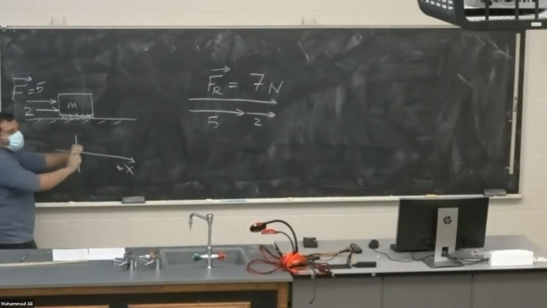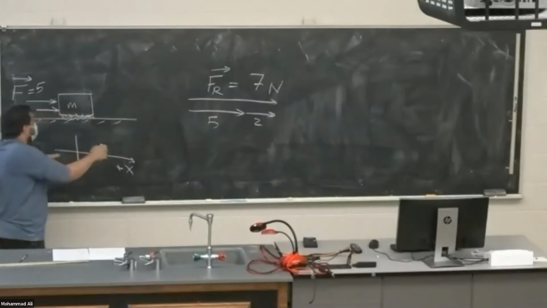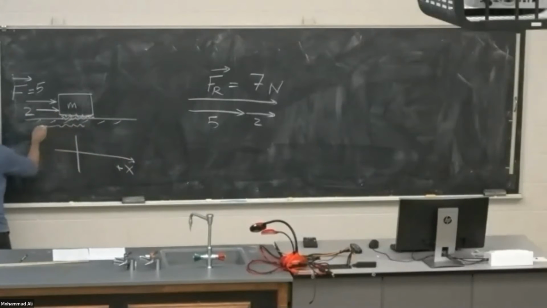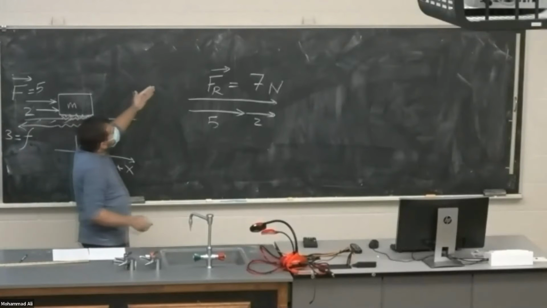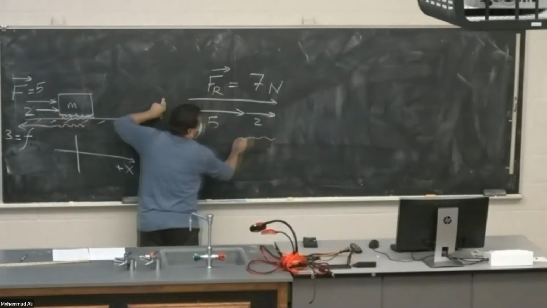If I push forward, this friction force direction is backward. So I have friction force backward. It may be equal to, for example, 3 in my example here. So I have 7 forward, I have 3 backward.